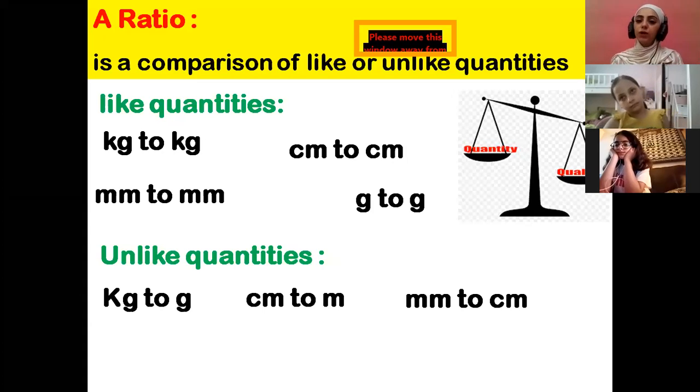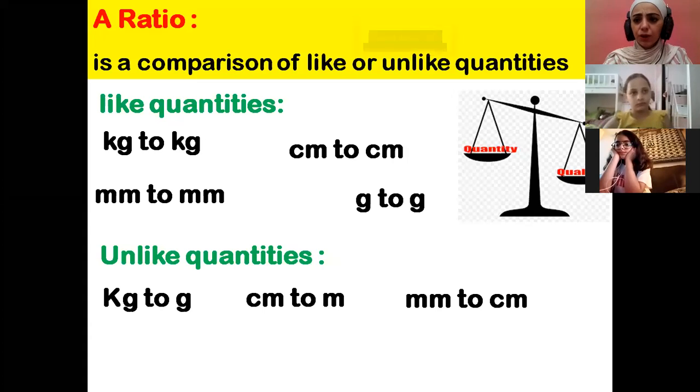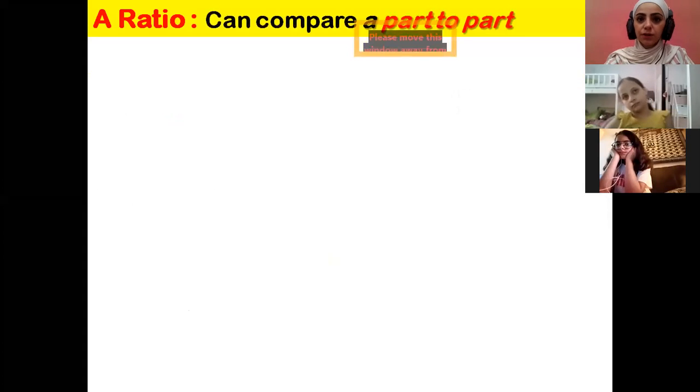But the point is, if you compare length, you compare it to another length. If it's a mass of something, you compare it to the mass of another thing. We can't compare length to mass, totally different things. But the units can be different. It's okay if they are different.